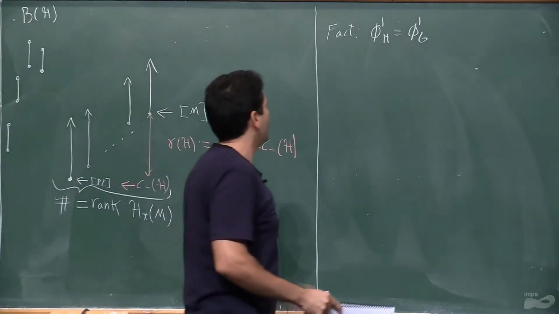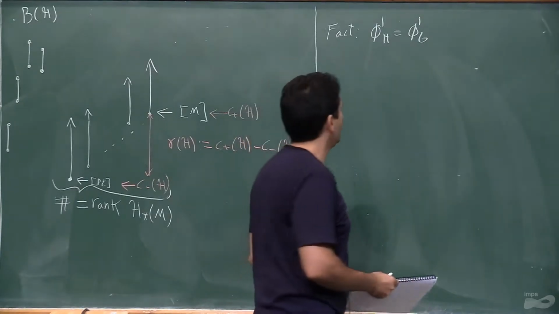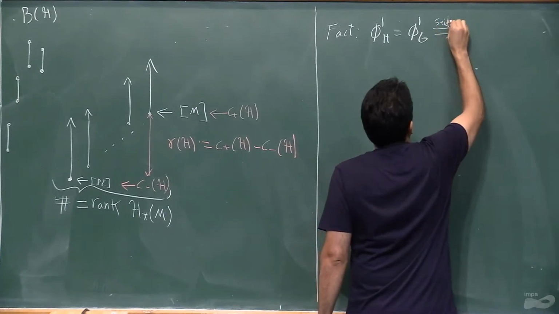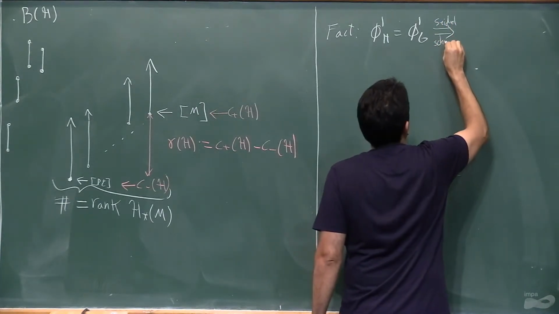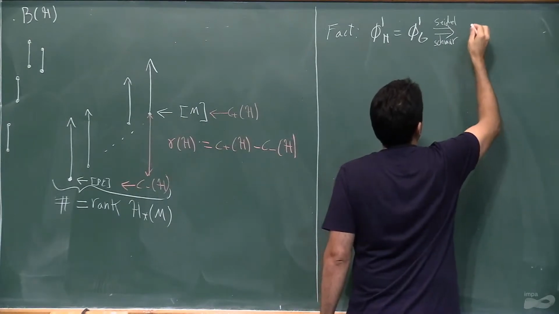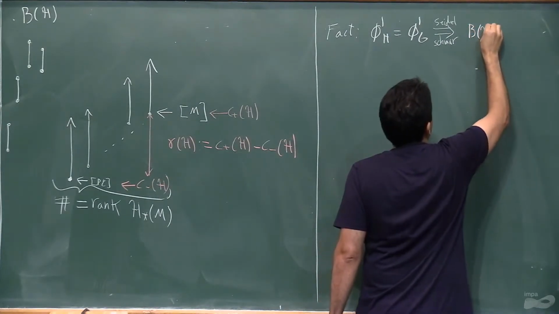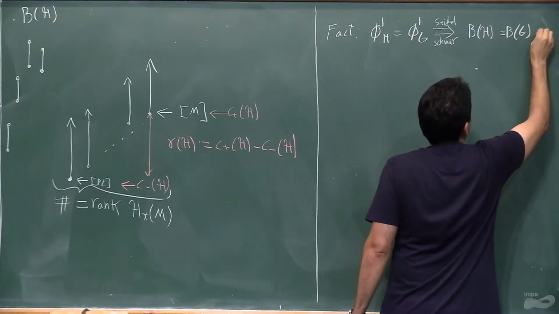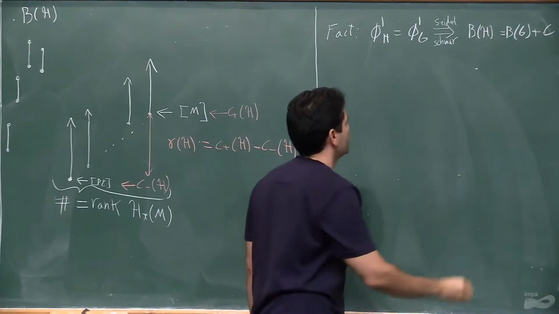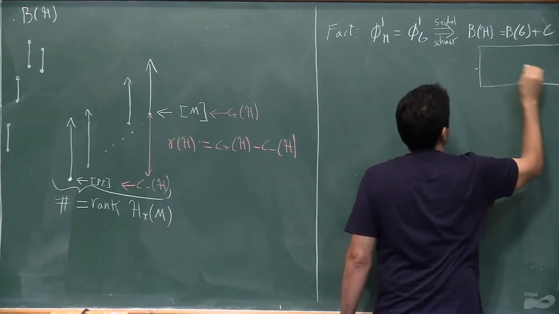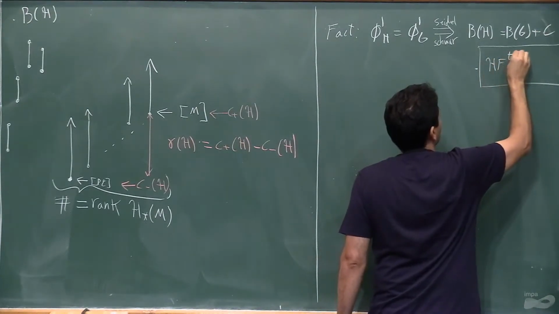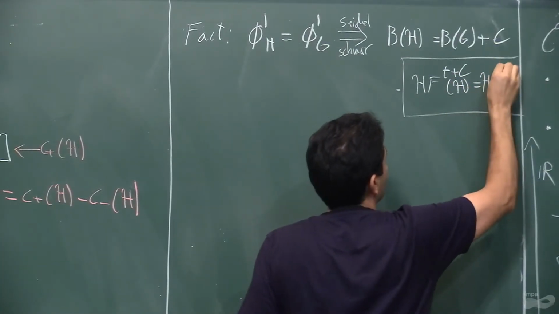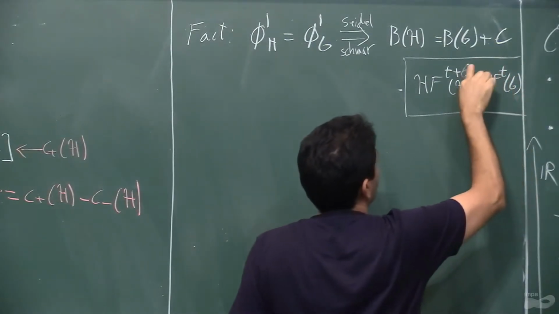Okay, so suppose you have two Hamiltonians that give you the same diffeomorphism. Then, by a theorem that's due to Seidel and Schwarz, you know that the barcode of H will be related to the barcode of G by a shift by a constant. This is because, using their theorem, you could show that the filtered Floer homology of H is the same as the filtered Floer homology of G up to a shift by a constant.